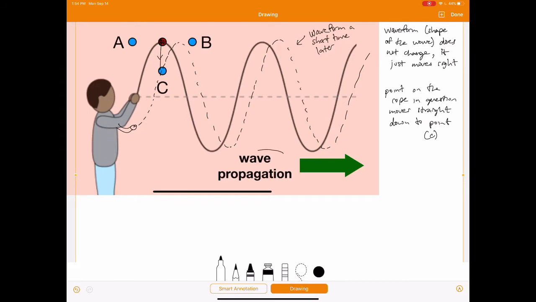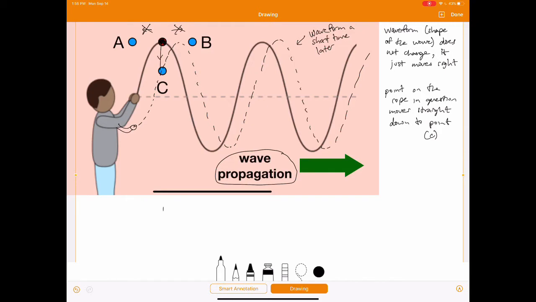So the waveform itself propagates to the right, and that waveform can move a really long distance. It can move as far as you want. But parts of the medium, individual particles in the rope, let's say, are not moving large distances. In other words, this red dot is not really moving any distance left or right at all. It's just moving up and down.